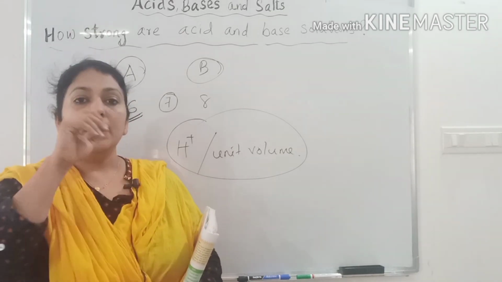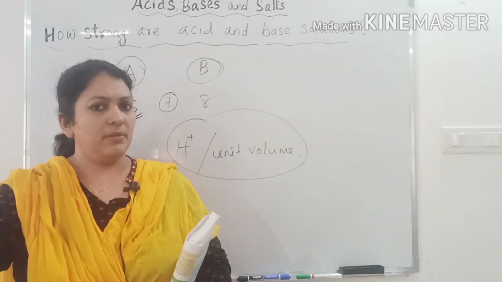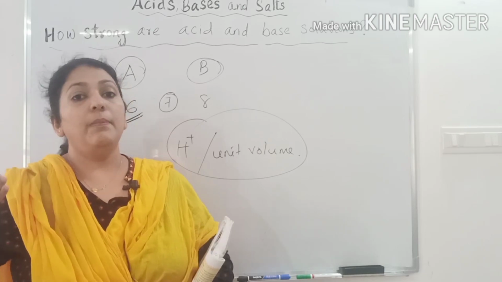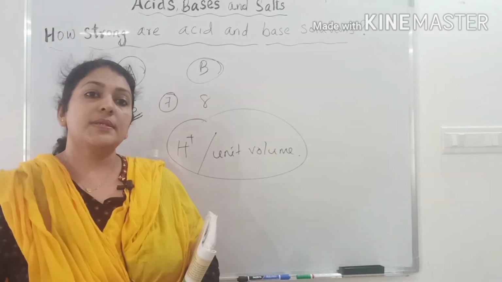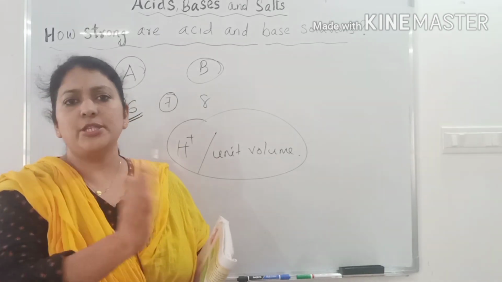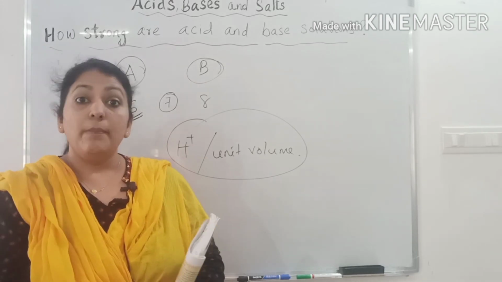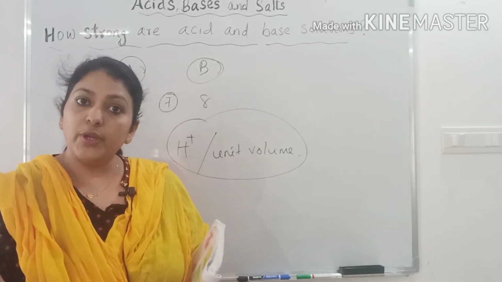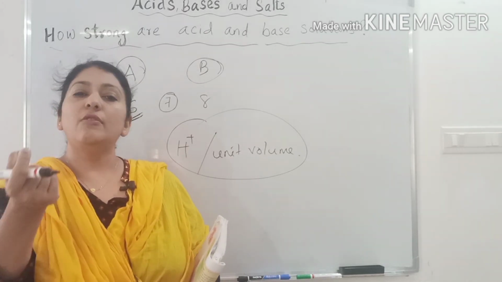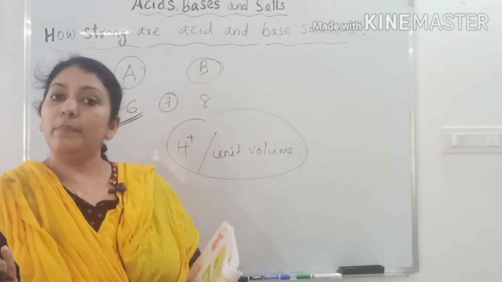If a solution releases more H plus ions compared to any other ions, whether it be OH minus or any other ions, it is an acid. And if a solution releases more OH minus ions compared to any other ions, like H plus or any other ions, it is a base. So, a basic solution can also produce H plus ions, but the number of H plus ions will be very less compared to OH minus ions. That is why it is called a base.